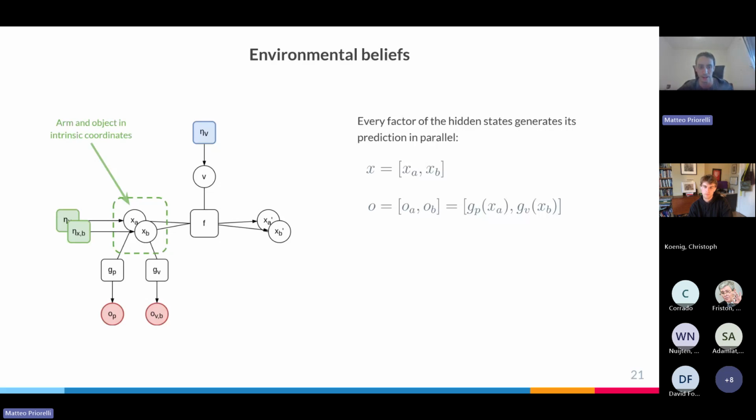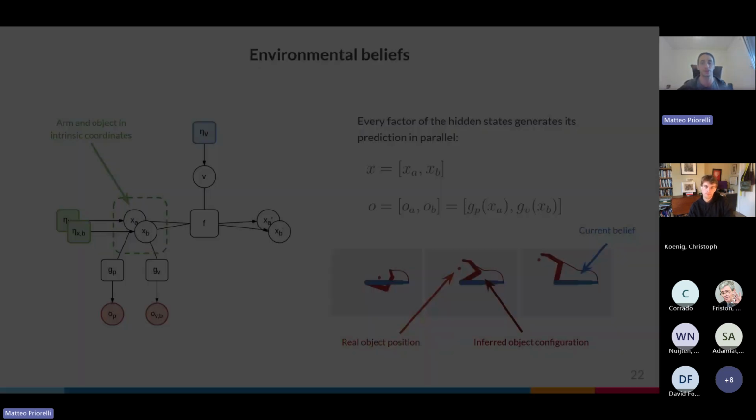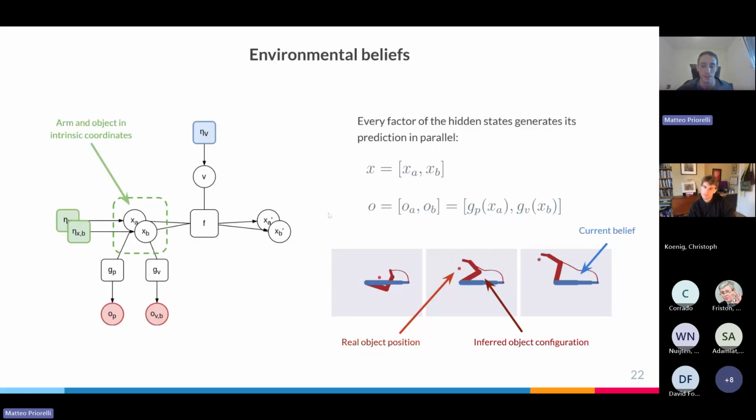But since these components are encoded in intrinsic coordinates, they can represent some potential body configurations related to the object affordances. So here you see a very simple perceptual task in which the agent has to infer some potential body configuration related to the red ball. And you see that the agent also maintains a belief over its actual body configuration.